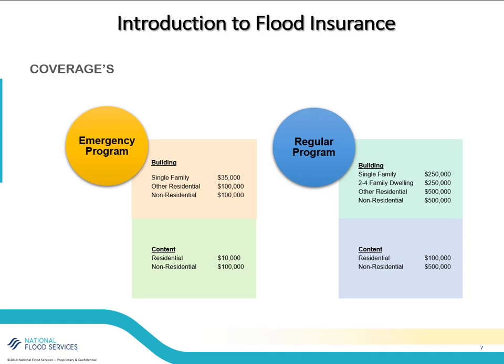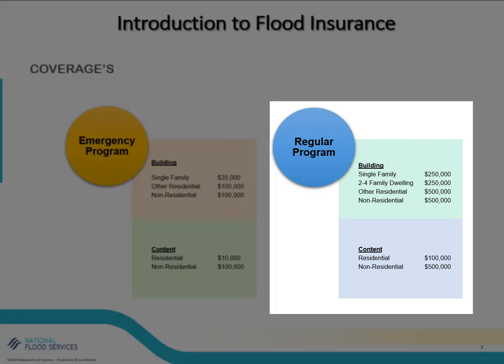Once a community has completed the application process and is fully approved, that community then moves into the regular program and can offer the maximum amount of coverage that's available, which is $250,000 in building coverage for a single-family dwelling with $100,000 in contents coverage.